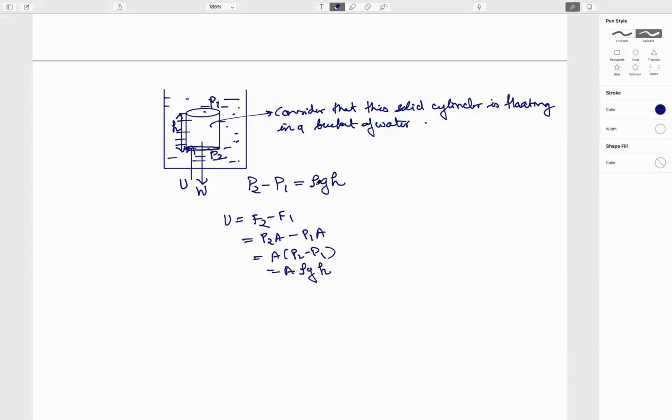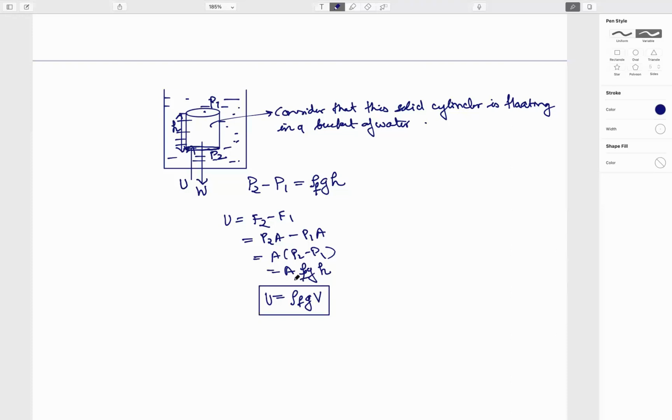Keep in mind that rho is the density of the fluid, not the density of the solid, and A times h will give you the volume of this body. So that is rho_f g V, the upthrust in general. This is the case when upthrust is completely balancing and the net force is zero.